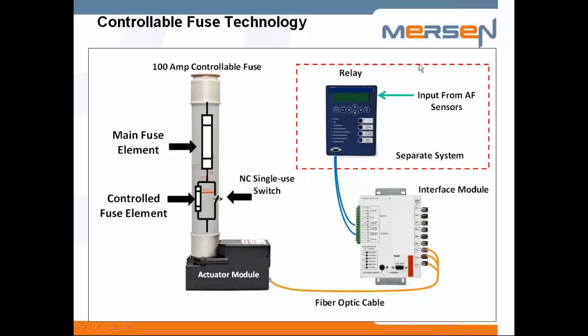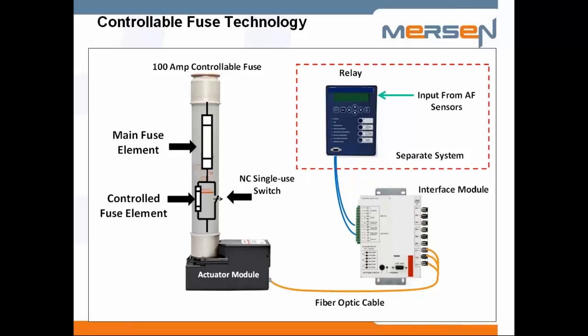With this approach, you need a relay, typically on the low voltage side, and this relay may be a 50 PAF where you may have arc flash light sensors, or you may have a manual mode switch. What the relay would do is give you a contact closure when there's an arc fault event. That contact closure goes to an interface module which converts the trip signal to an optic signal that's sent to this actuator module. Upon receipt of that, it sends a signal up to this device.